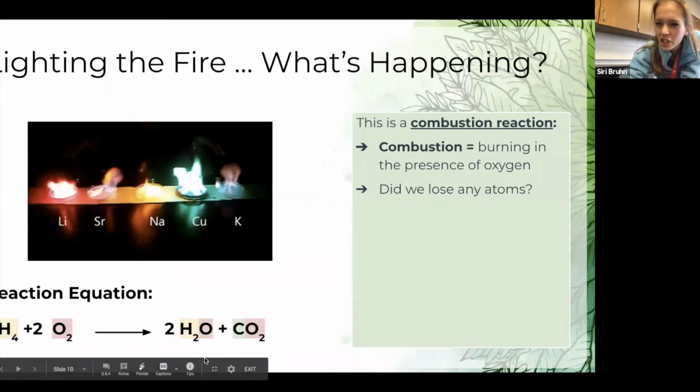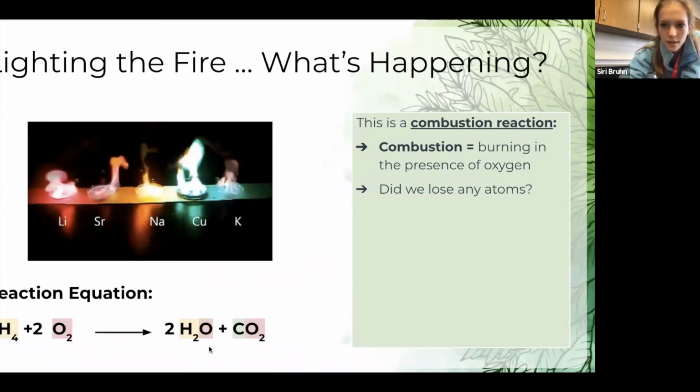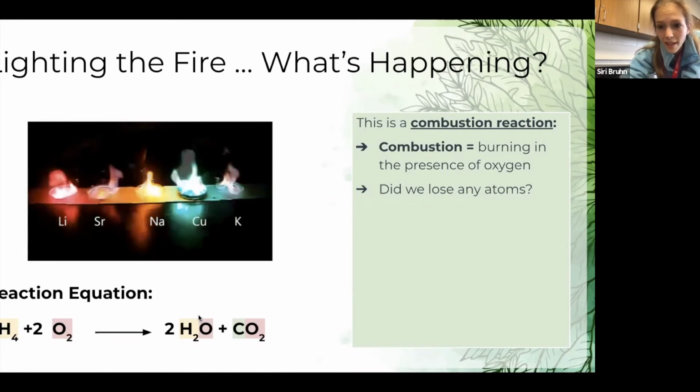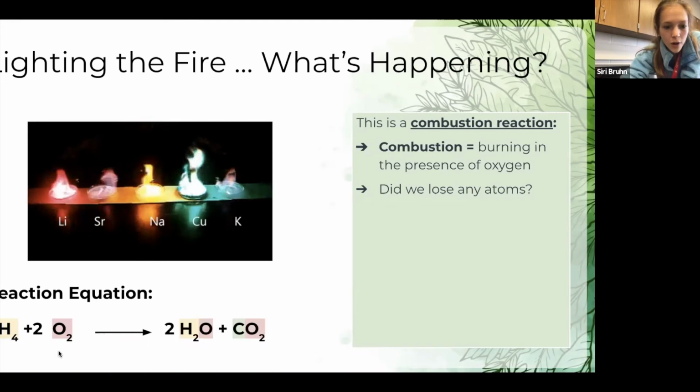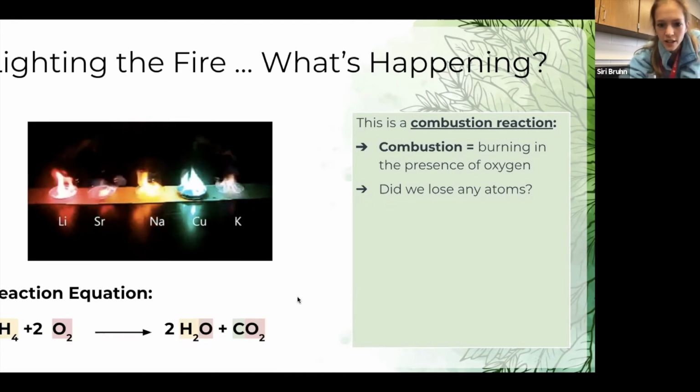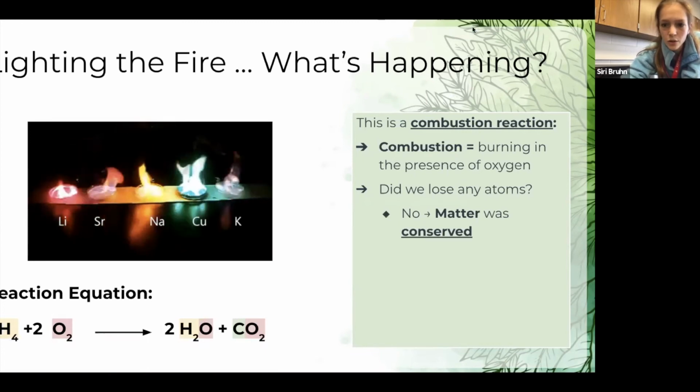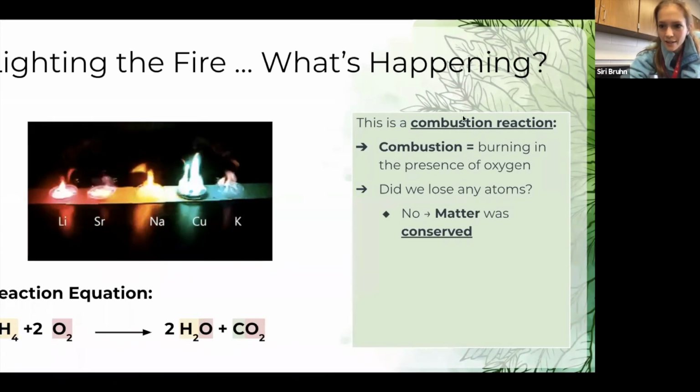So how many oxygens do I have on the right? Yeah, 4. So I've got 2 molecules of water that each have 1, so there's 2 there. And I've got 1 molecule of carbon dioxide that has 2 atoms of oxygen. So I've got 4 oxygens over here and 4 oxygens over here. And the same is true for hydrogen. So I didn't lose any matter.